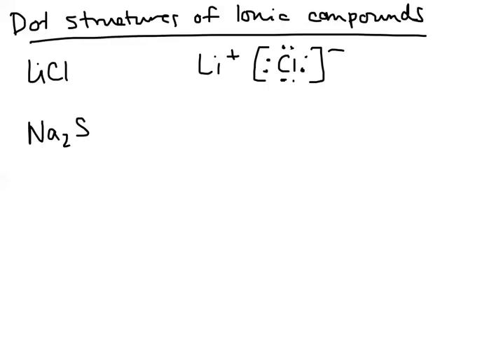So what is sulfide going to look like? It's going to be S 2-, and what do we have to put? How many electrons does it have once it gains those 2 electrons? Full octet. And then what else are we missing?